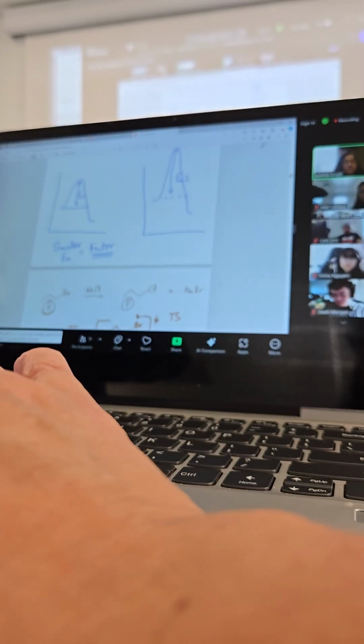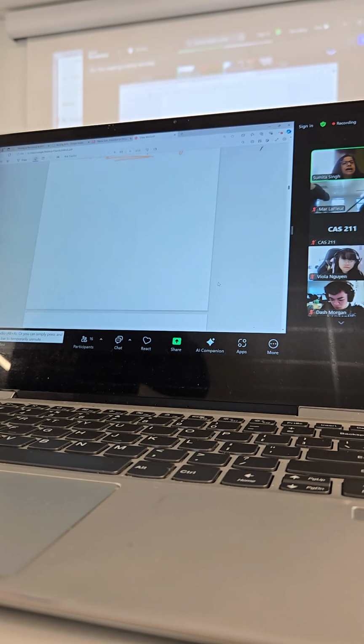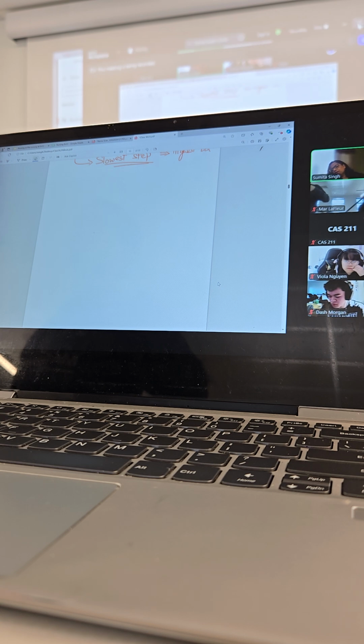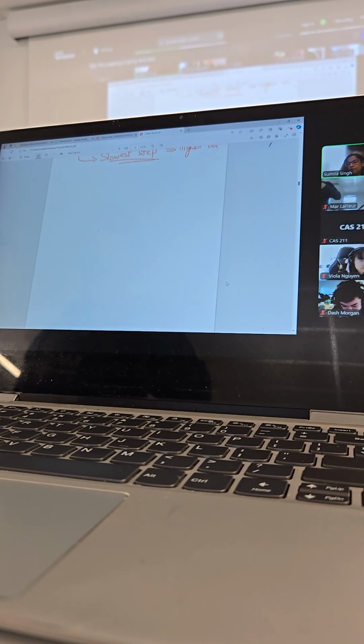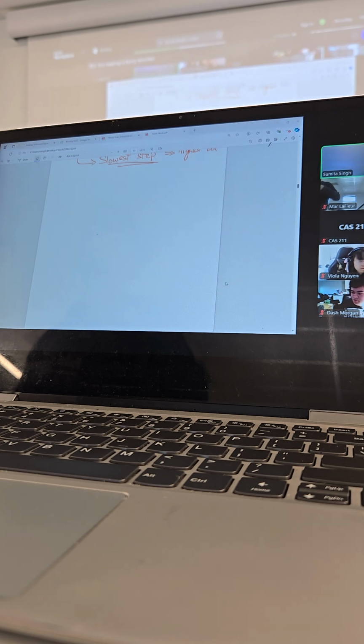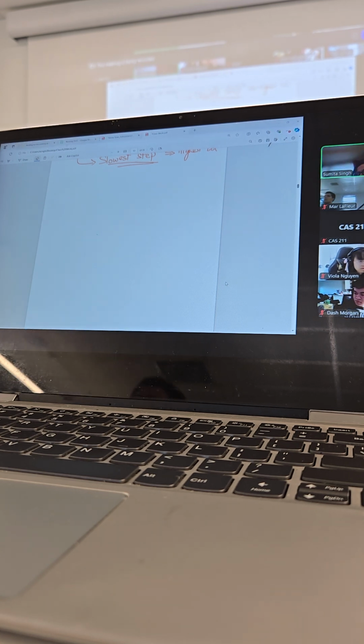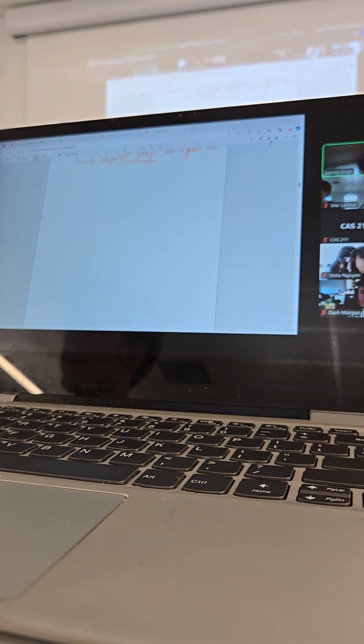Okay, so let's just try a couple more of these, again for a better understanding of what these terms mean. For example, let's say I were to draw a reaction profile diagram that looked something like this.